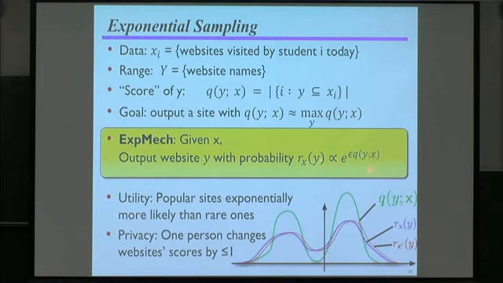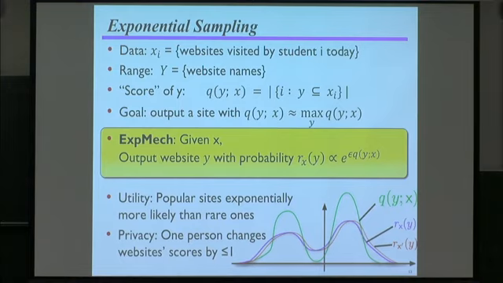The reason this is not an insane thing to do is that, on one hand, websites with high scores are way more likely than websites with low scores. On the other hand, if I look at the effect of one person's change on these probabilities, if I change my data, I can change the counts of all the possible websites in principle.